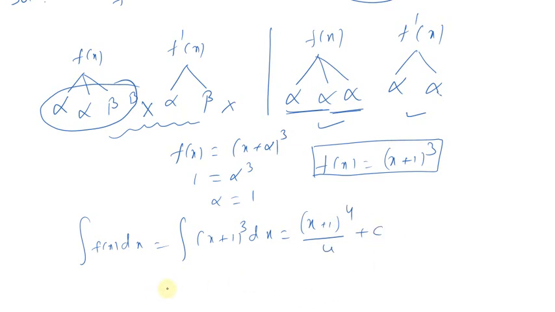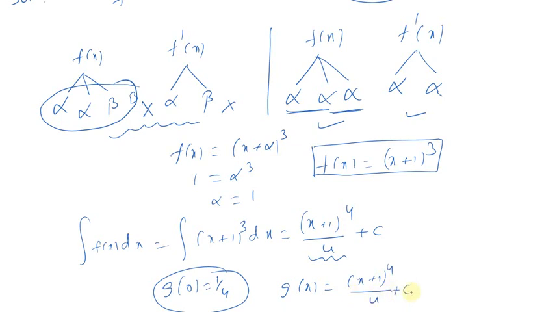And given g(0) is equal to 1/4. So this is nothing but g(x). g(x) is equal to (x+1)^4/4 + c.